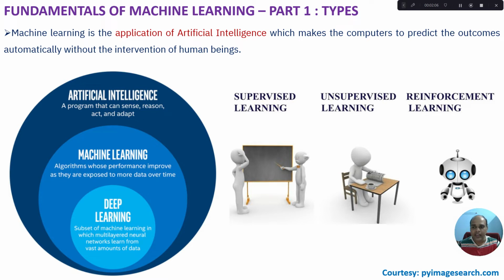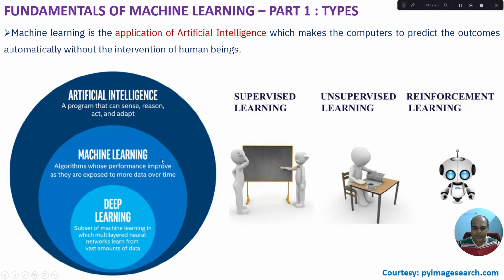So thereby, in the near future, based upon its experience, it can make more right predictions. So machine learning is an application of artificial intelligence which makes the computer predict the outcomes automatically without the intervention of human beings.